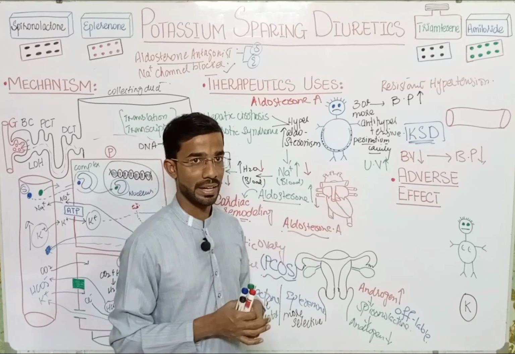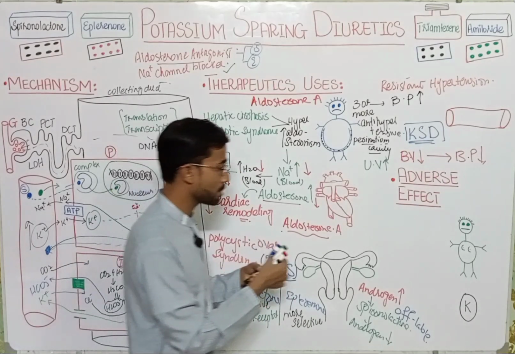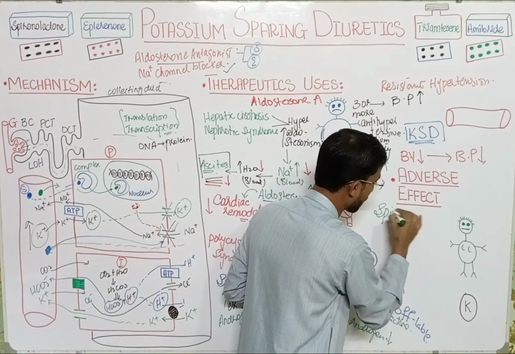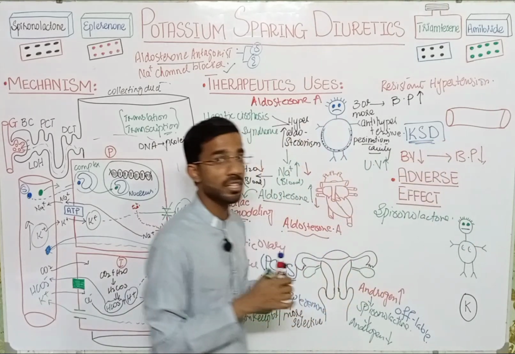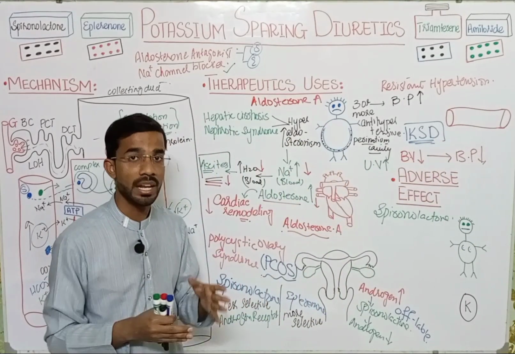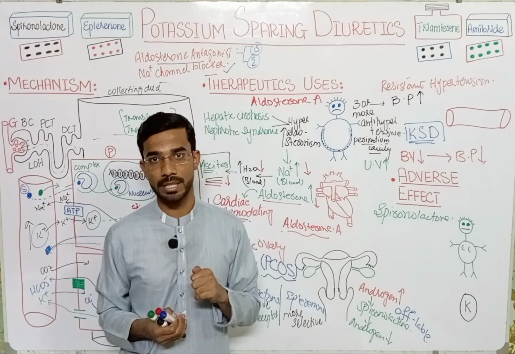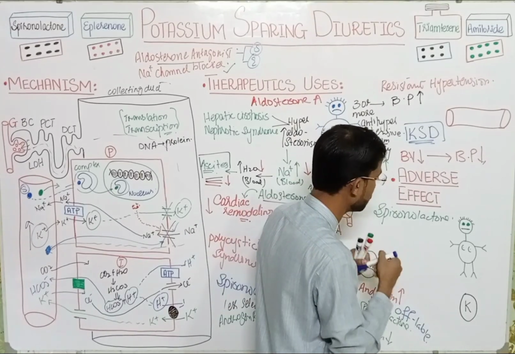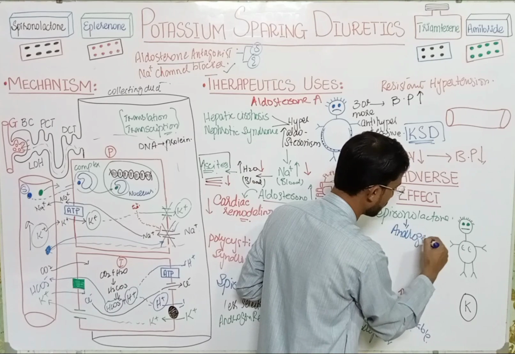Next are the adverse effects. Spironolactone is a less selective drug. It binds to the aldosterone receptors and the androgen receptor. And what will happen when it binds to the androgen receptor?